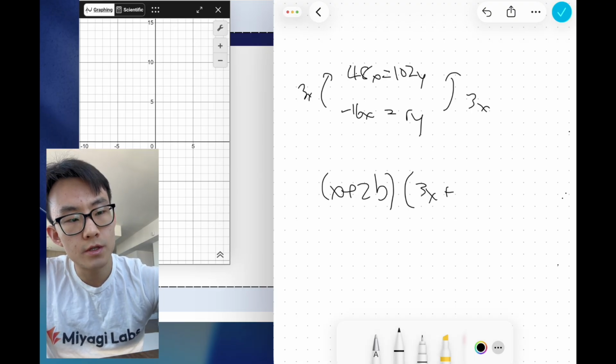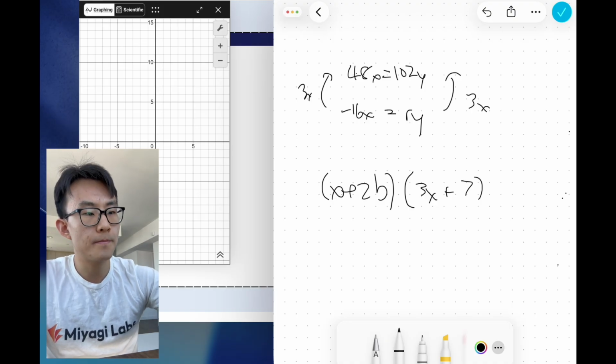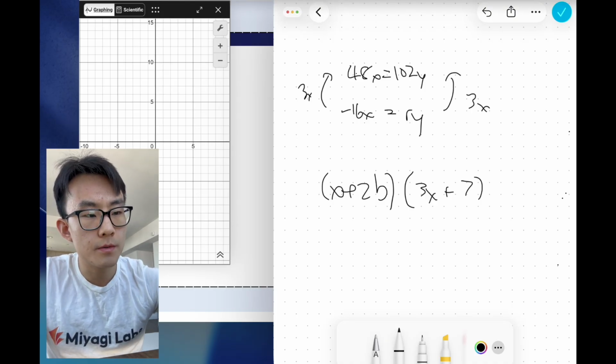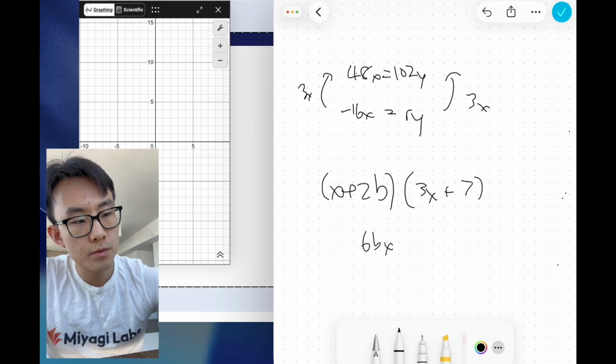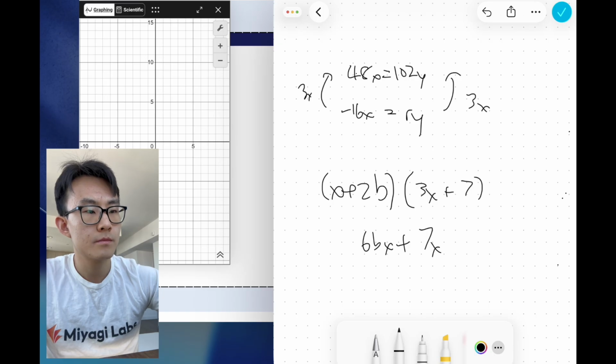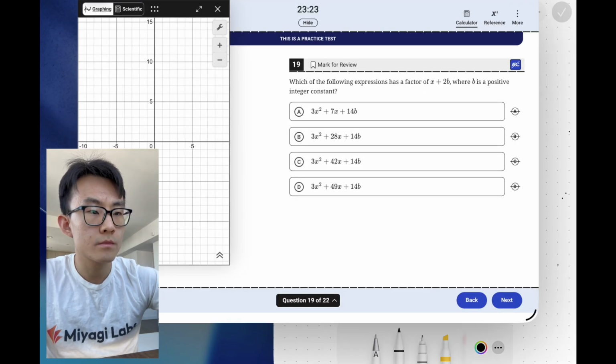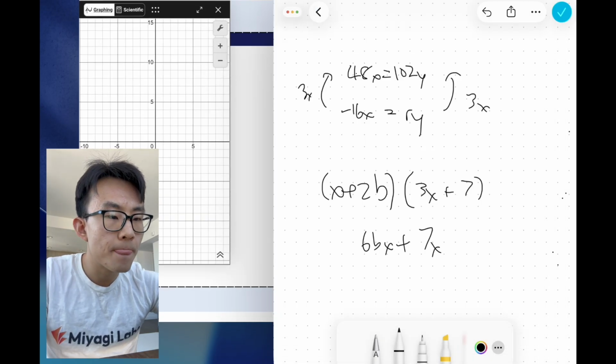We need this to be 7, because then we get the 14b. So then what's the x term? It's 6bx plus 7x. Okay. Wait, what?